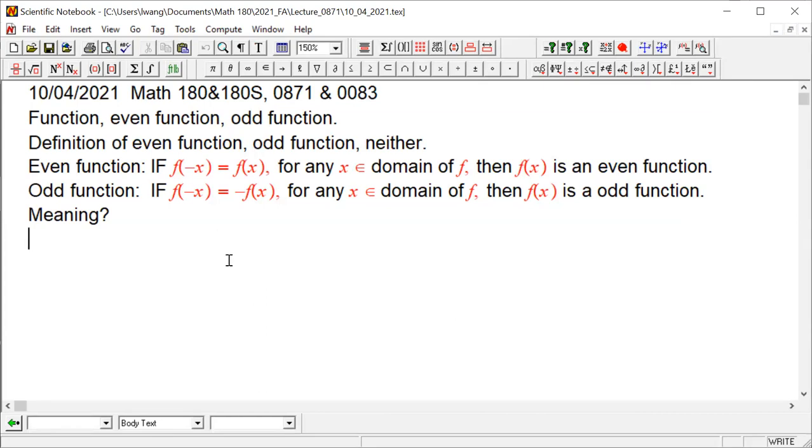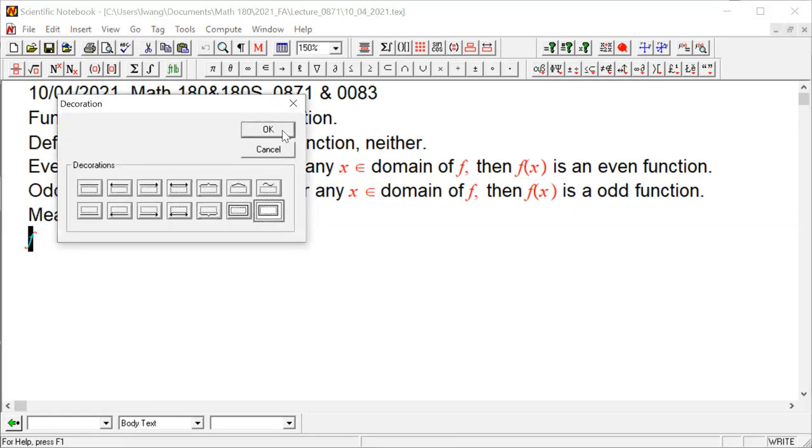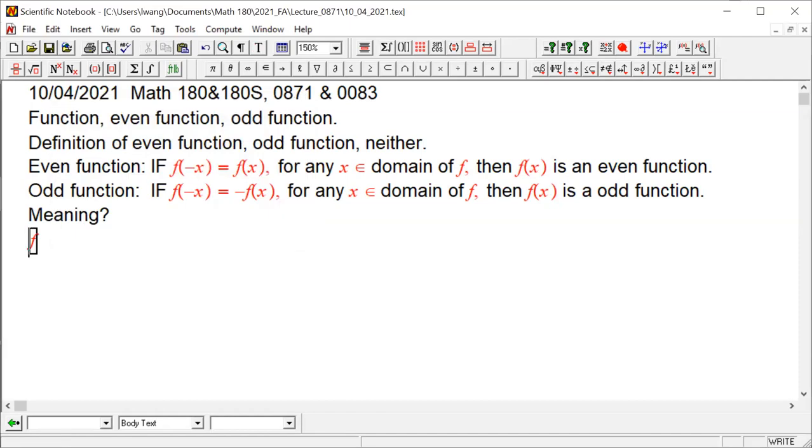Well, we know f of x, as a function, is a rule, right? And this function will take an input. Each input produces exactly 1 output. That's the function concept.